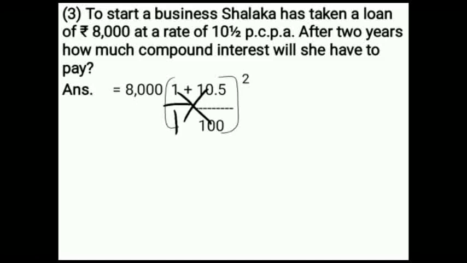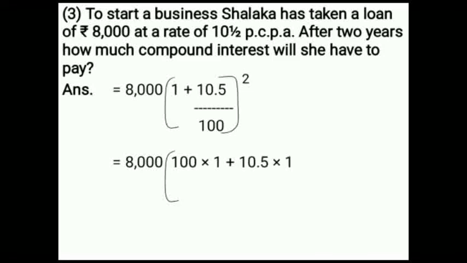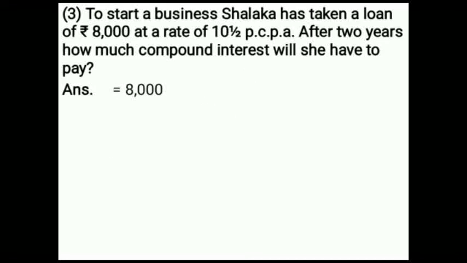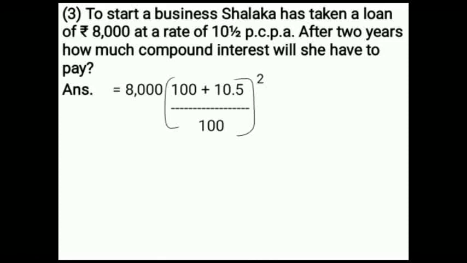That is 8,000 in bracket 100 into 1 plus 10.5 into 1 upon 100 in bracket raised to 2. After writing cross multiplication form, now you have to multiply on numerator. That is equal to 8,000 in bracket 100 ones are 100 plus 10.5 ones are 10.5 upon 100 in bracket raised to 2.